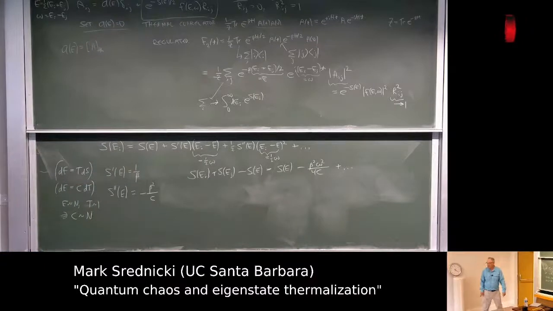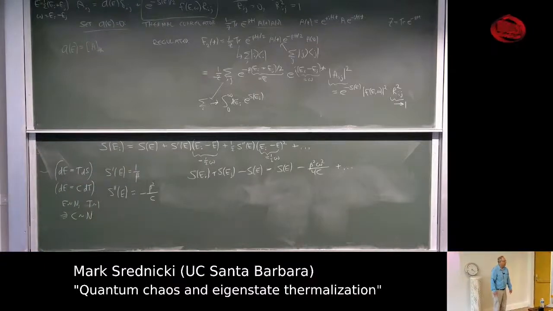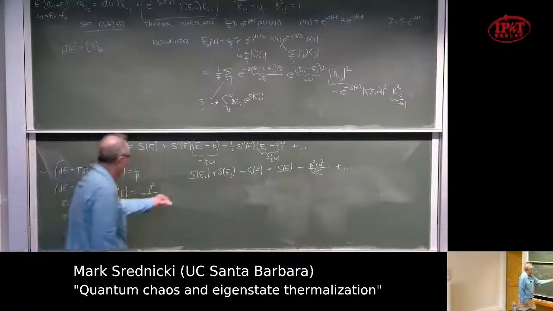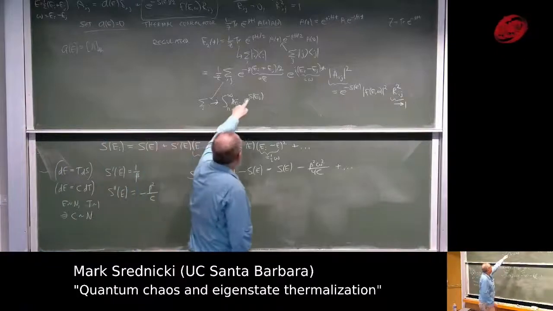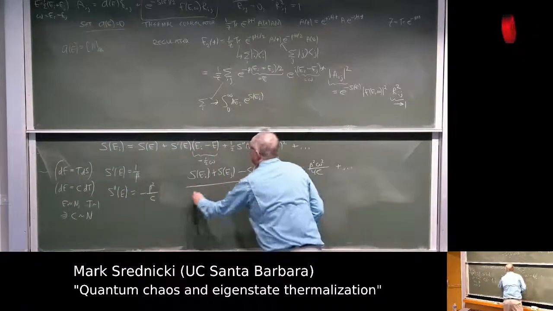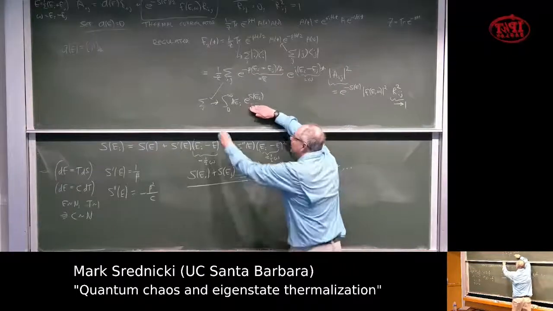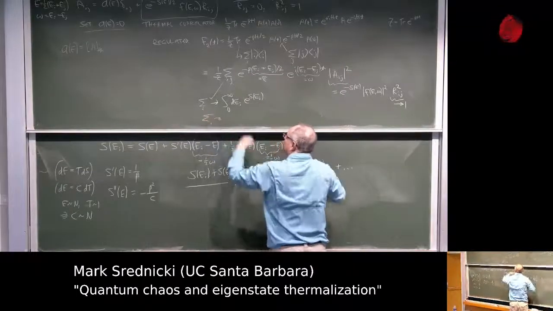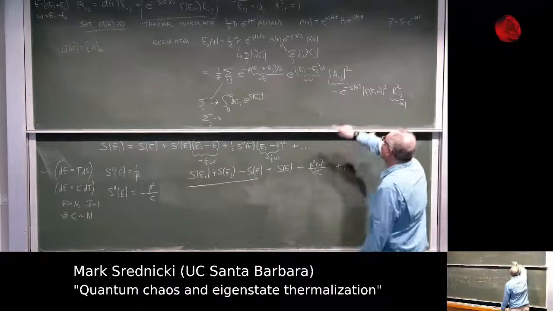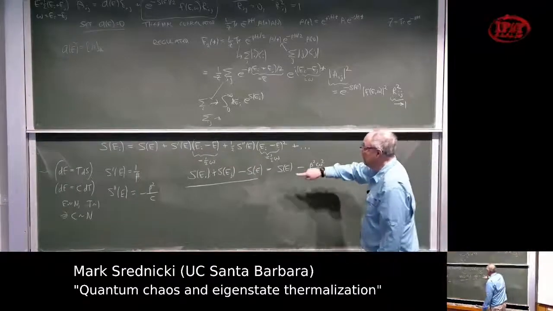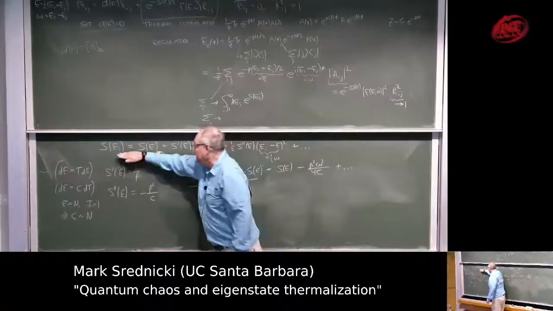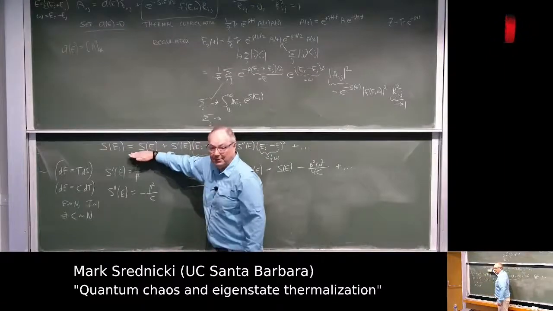I'm sorry? Yeah, so this is the combination. This combination is what we're going to get up here, because we have this, and we similarly have sum on j, and then we have a minus S. But S of Ei starts out at S of E, and so does S of Ej.